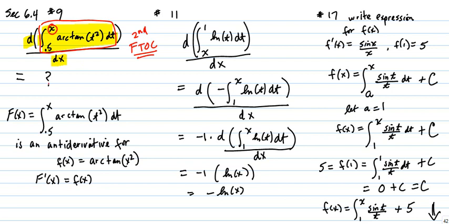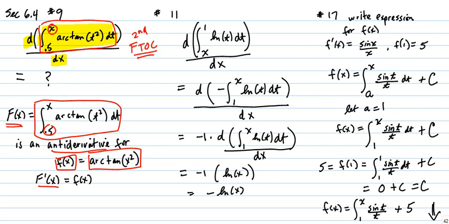And so this is what we do. We know that capital F of x equaling this is an antiderivative for little f equaling this, because a can be any value here, so it happens to be 0.5. So we know that F prime of that integral is little f.